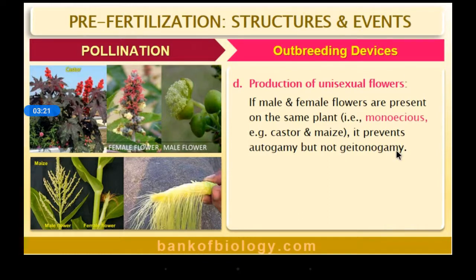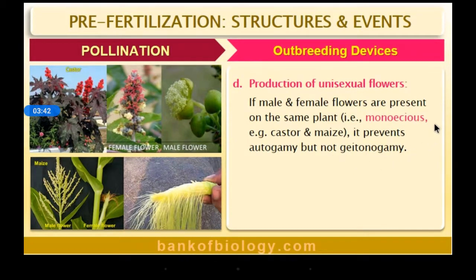Okay, geitonogamy means what? The transfer of pollen grains from the anther to the stigma of a different flower of the same plant. So in this monoecious case, we can avoid autogamy, but we cannot avoid geitonogamy.